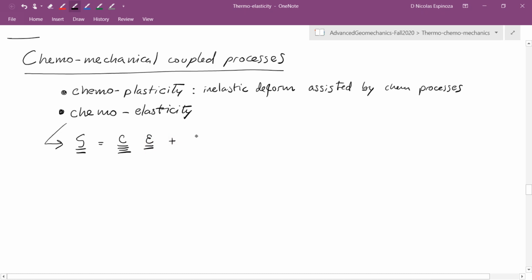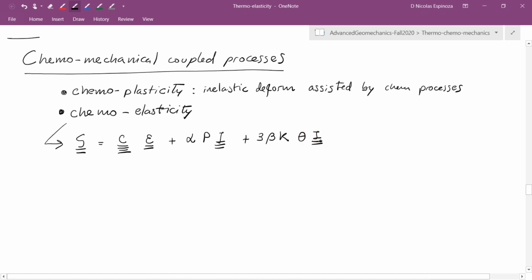Then we saw that if we had fluid in the pore space, we needed to update this equation to incorporate the deformation caused by the pressure of the fluid with the Biot coefficient. And later we added also the component of thermoelasticity, in which the stresses are also a function of changes of temperature.